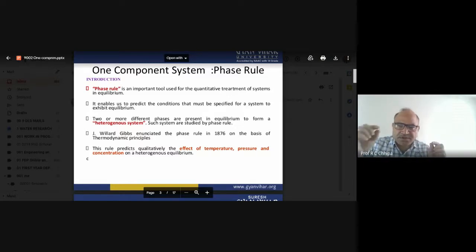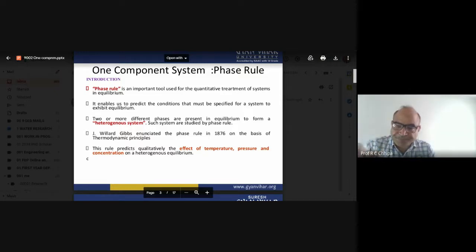For example, we have a liquid, and we heat it. The liquid condition is converted into the vapor condition. During that boundary, we have either solid or liquid, so that is the heterogeneous system. A homogeneous system is in the same phase, whole liquid.